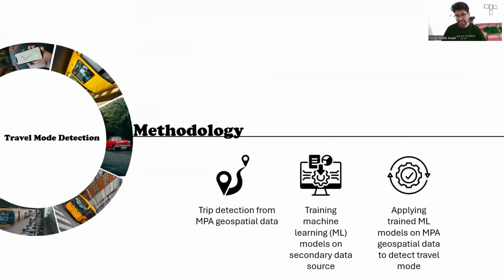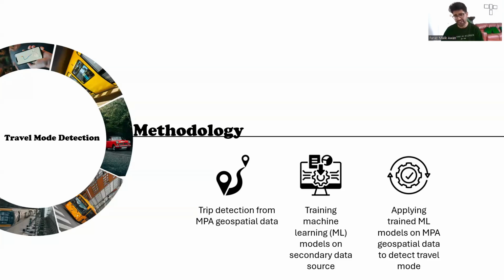Our methodology, as I already have explained, consists of three steps: detecting the trips from mobile phone app geospatial data, training a machine learning model on the secondary data source, and then applying the trained machine learning model on the trips detected from mobile phone app data.